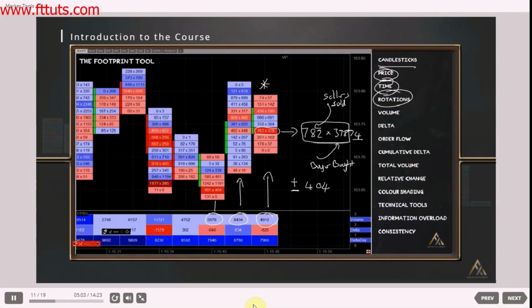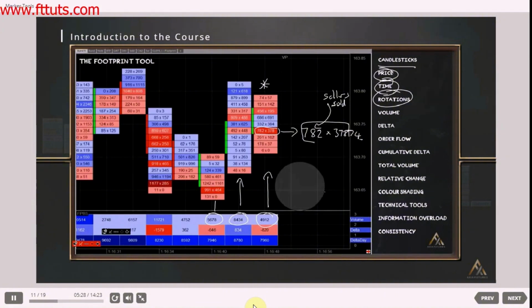When there is more selling at a price segment than there is buying, we tend to get a negative number. And when there is more buying than selling, we get a positive number. So in this example we would have minus 404 in this current segment because there's more selling at this price than buying.